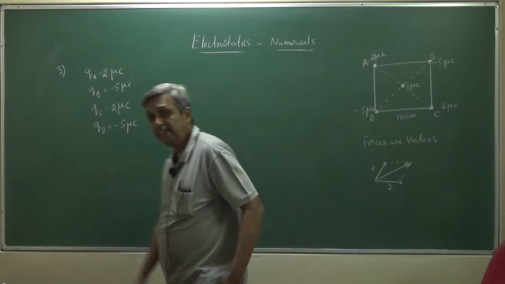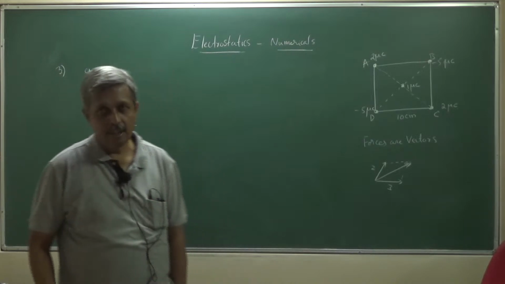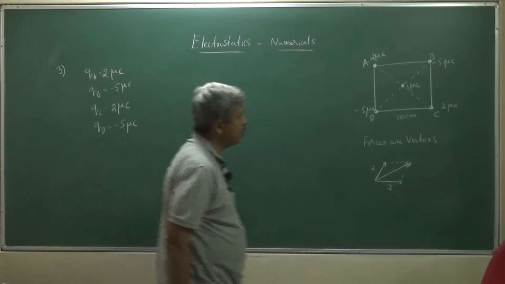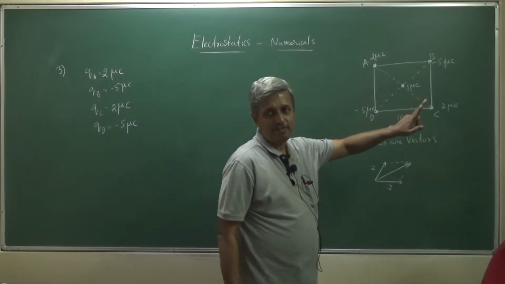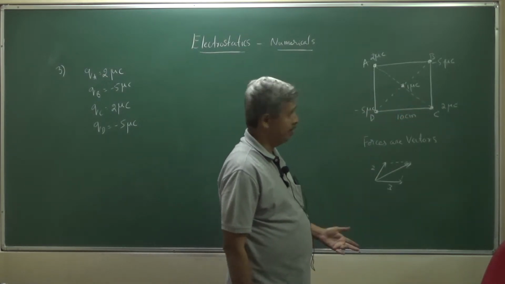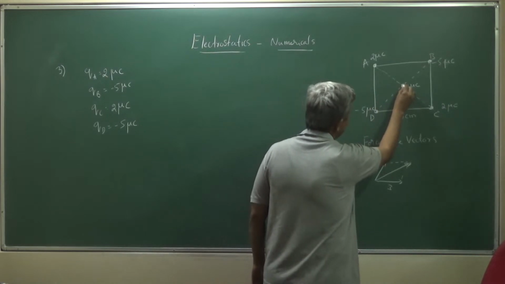Let us see what different forces act on the center charge. Now, 2 microcoulombs is positive. This 1 microcoulomb also is positive, right? So there are two positive charges, and hence this is trying to push this away. Right?